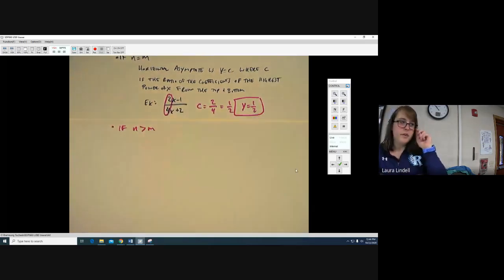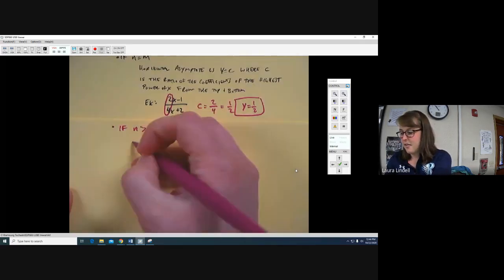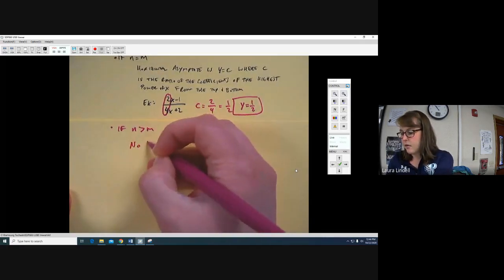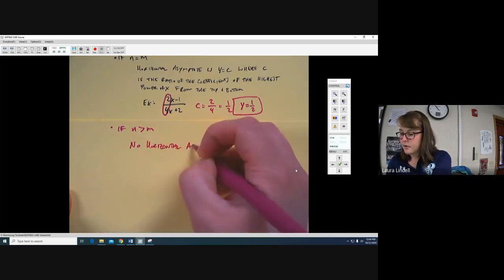So if the degree of the top is greater than the degree of the bottom, this is the easy case because there is no horizontal asymptote. So we don't have to calculate anything there. No horizontal asymptote.